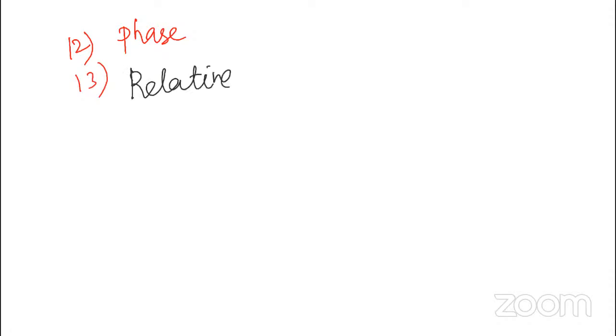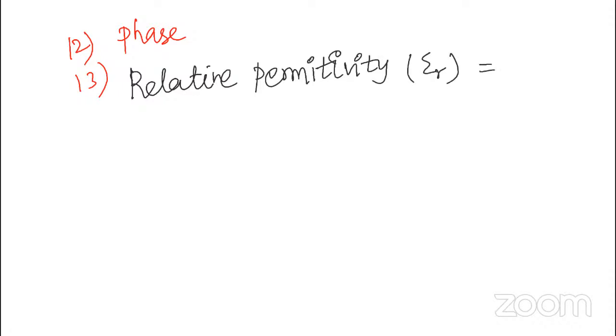Next one, 13, that is relative permittivity, epsilon R. Does anybody know the formula for epsilon R?